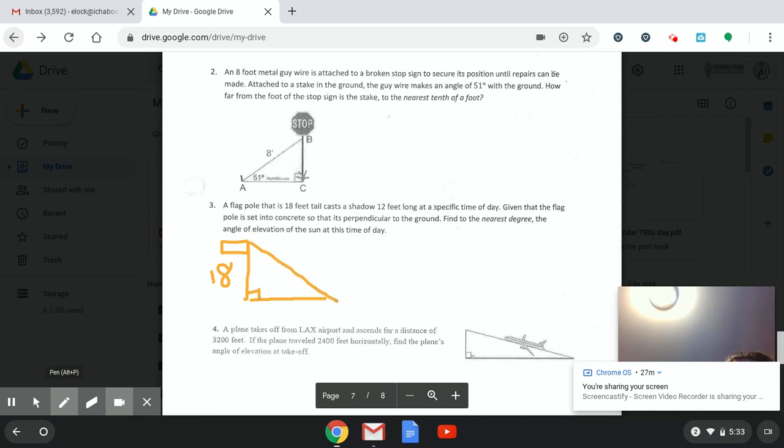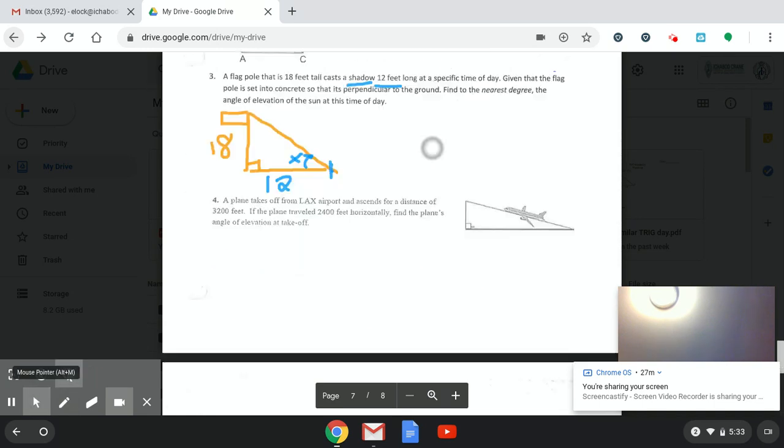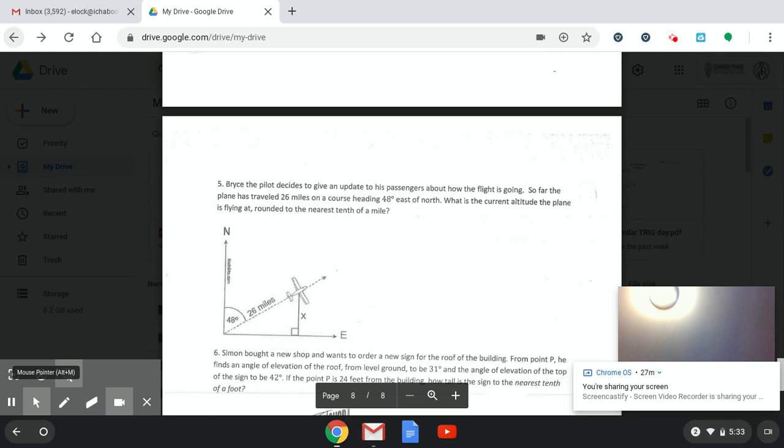So from here, I did skip over a measure. I can tell right now 12 feet. So its shadow is 12 feet down here on the ground. And you're looking again for the angle of elevation. So if I'm standing here at a certain point on the ground, how many degrees up am I looking at would be your diagram for number 3. So again, make sure you're drawing that.